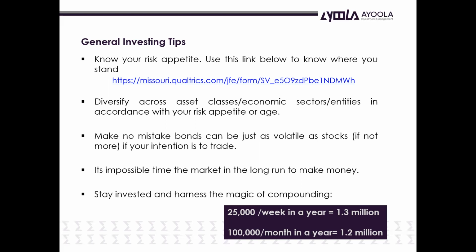For some people, we said that we should talk about age. So you can say that 100 minus your age would tell you, if I am 40, for example, because I'm 40, 60% of my portfolio can go into equities, while 40% of it will go into bonds.